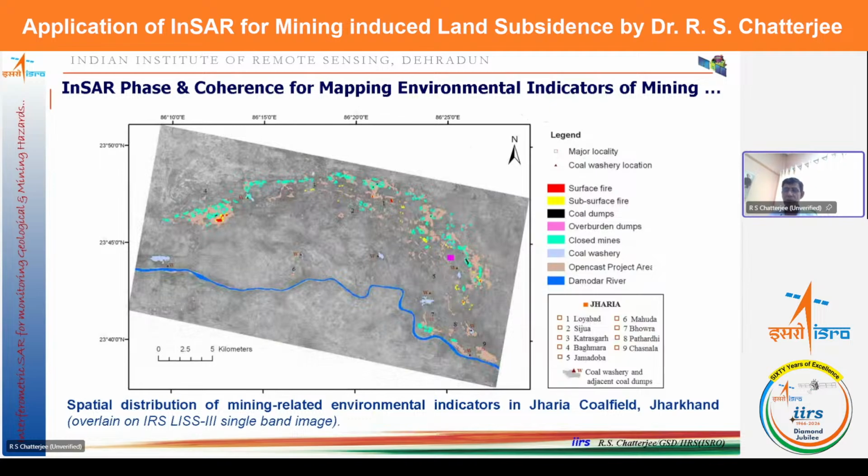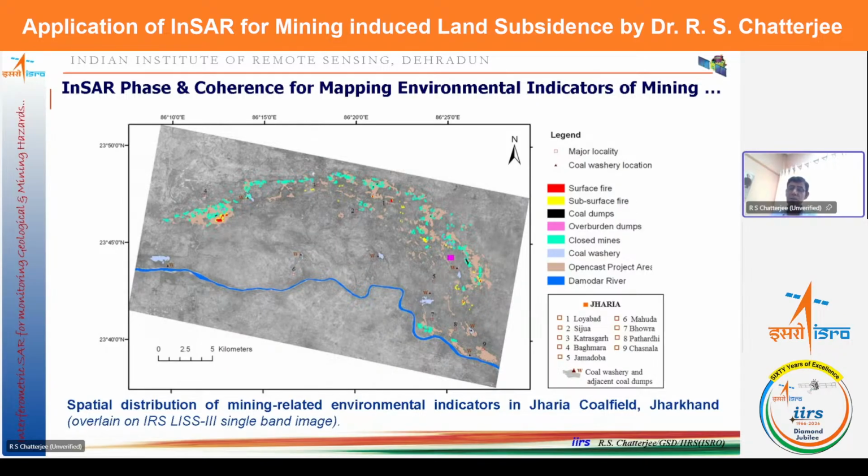If you can combine together, we have a complete environmental indicators map, which tells you the environmental impacts or the damages in these coal fields due to open cast mines, due to coal fire, and due to other kinds of mining activities, including underground mines.